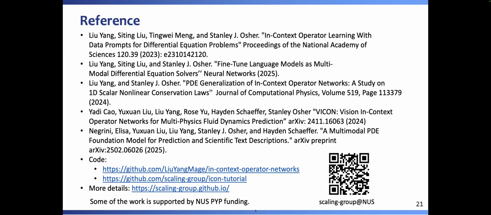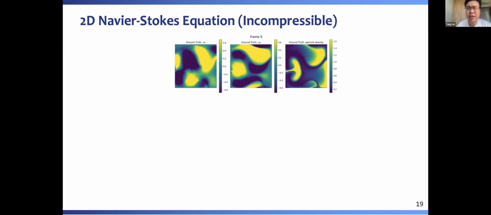Do you have any comparison of the computational effort required to train these models and a standard numerical method like finite element or finite difference for solving one problem? I didn't really compare this with the classic numerical solvers in a fair way.